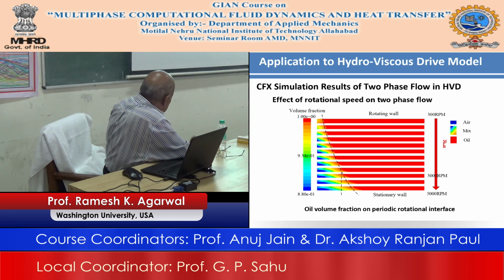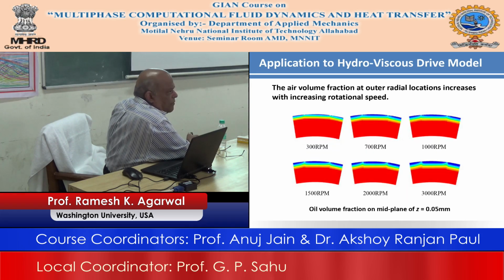All right. And now, if you take that particular plan view, then again you get 300. This is pure air, then this is a mixed part, and this is pure oil, and this keeps on increasing as you increase the RPM. So, this whole area you can consider as cavitation.